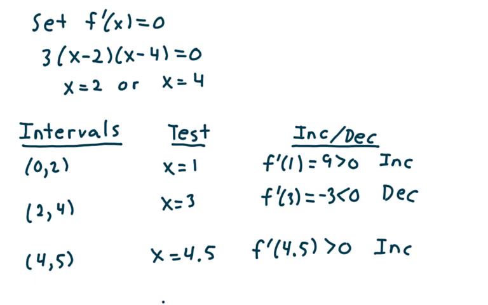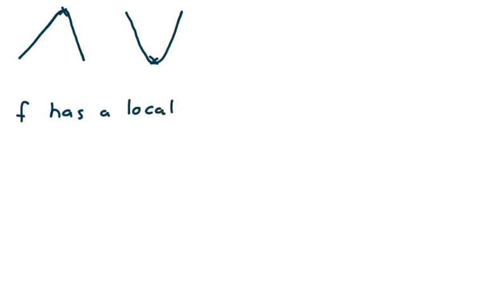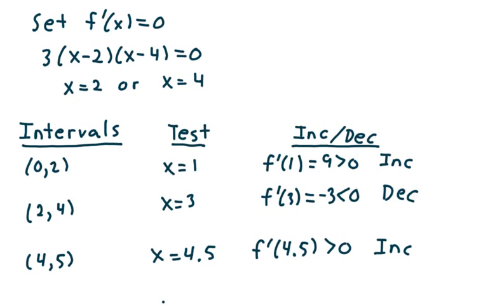Okay, so what does that mean? Now, if you go from increasing to decreasing, we have a max. If we go from decreasing to increasing, we have a min. So f has a local. Now let's see, we're going from increasing to decreasing.